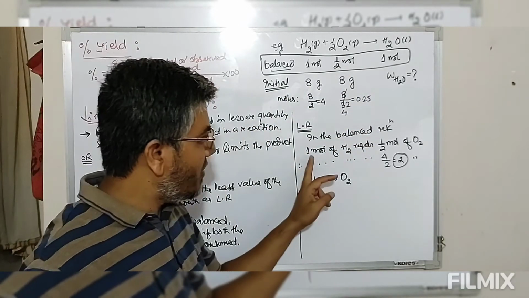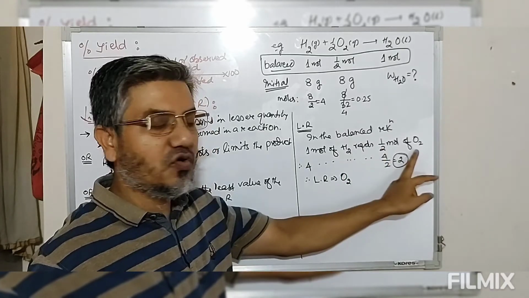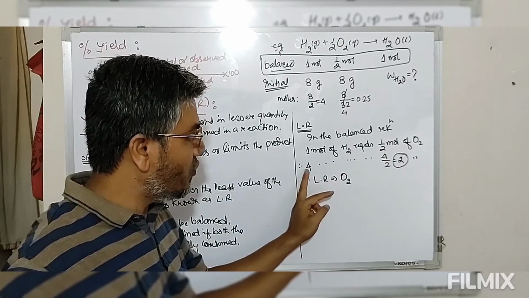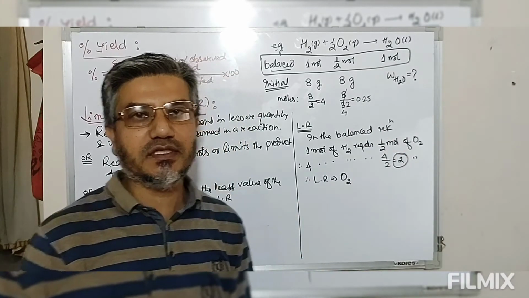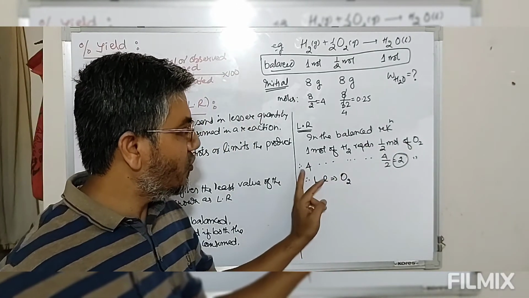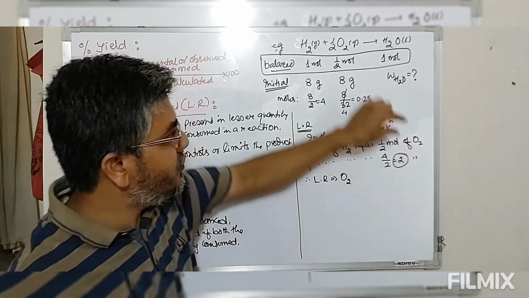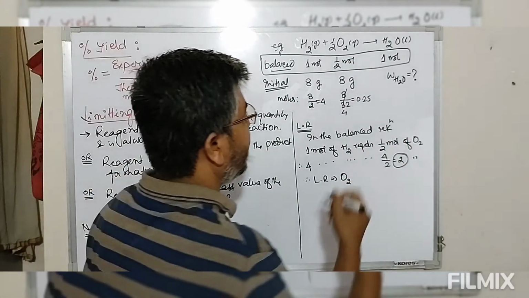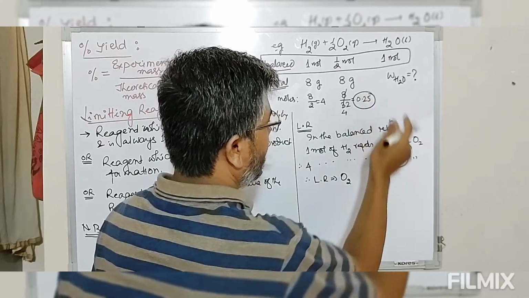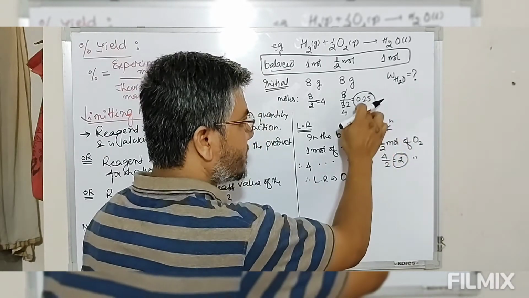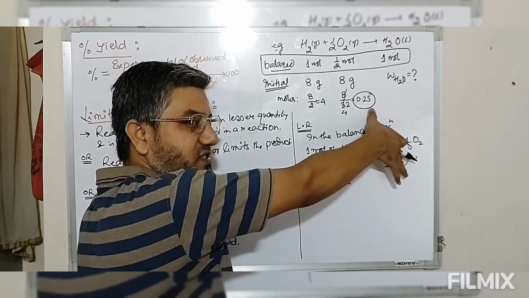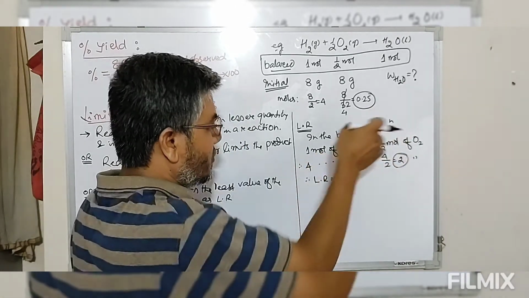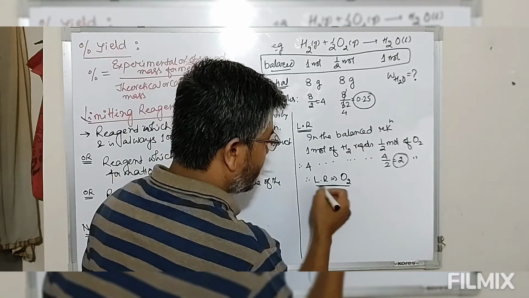So if 1 mole of hydrogen requires half mole of oxygen, then 4 moles will require 2 moles of oxygen. The requirement is 2, but the amount given in the reaction mixture is 0.25. Requirement being greater than what is given, the limiting reagent is oxygen.